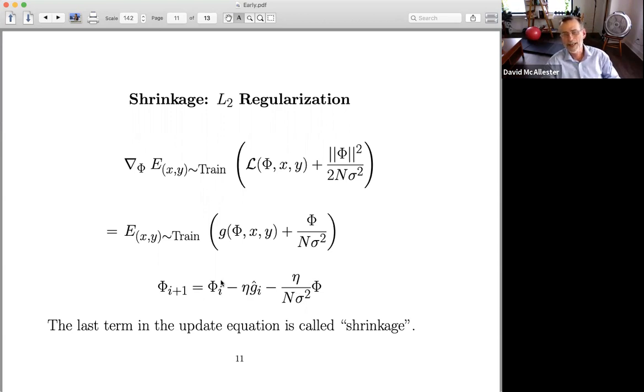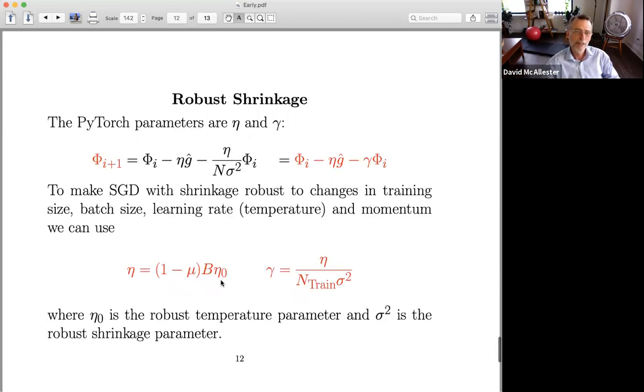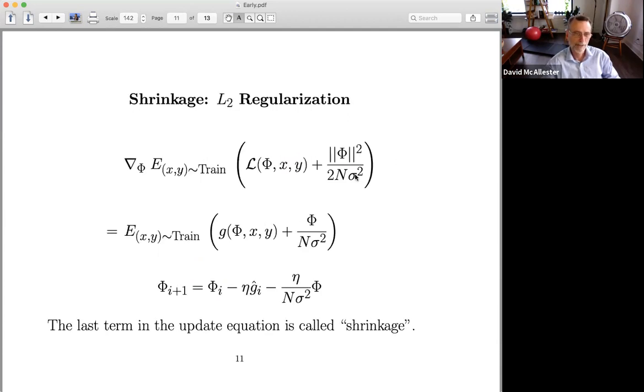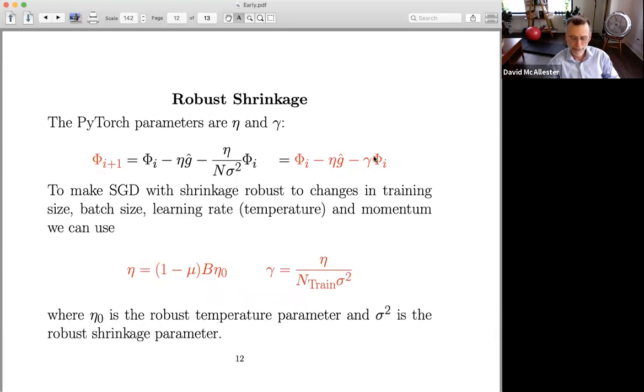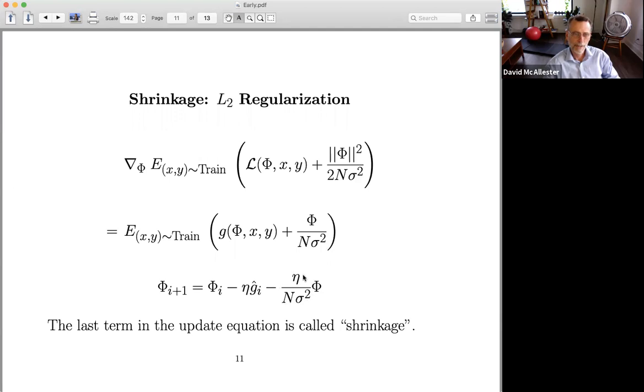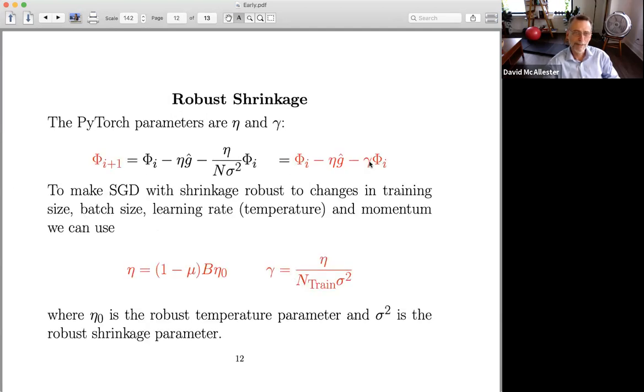And that's why in the deep learning community, L2 regularization is often just called shrinkage. So if you go to PyTorch and you look at vanilla SGD, there's a shrinkage parameter, gamma. This is the update equation I just derived. What they've done is they've taken this term here and just given it a name, gamma.